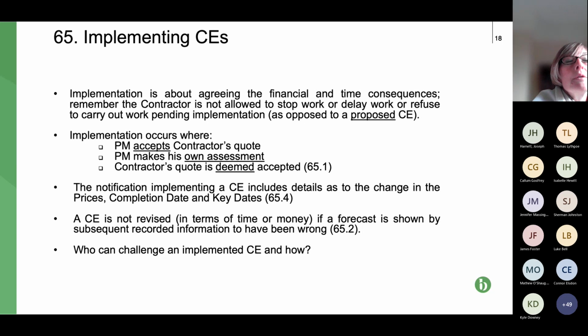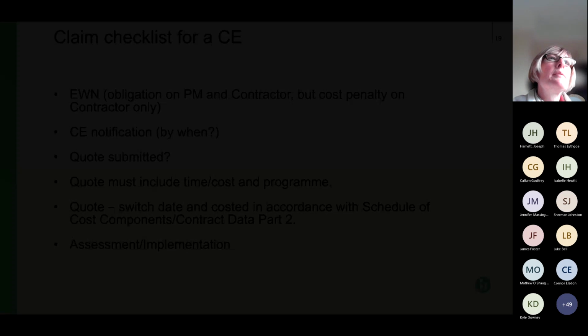And then the third scenario where we have implementation is where the contractor's quote is deemed accepted under those default provisions that we've looked at. So we've covered the rest, so if we can just move on to the next slide, please.